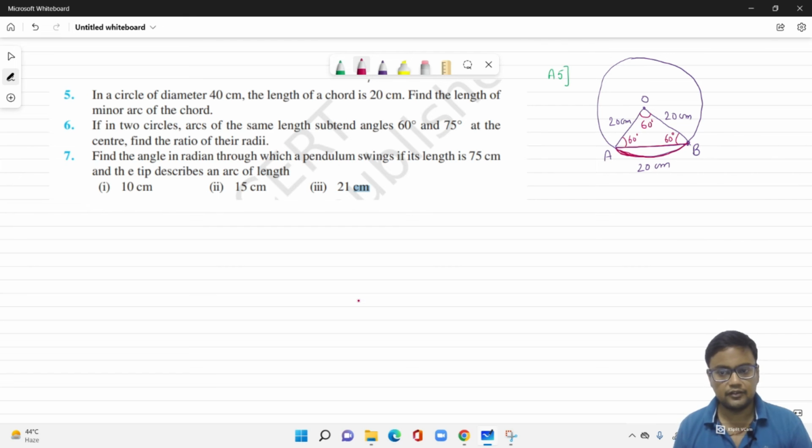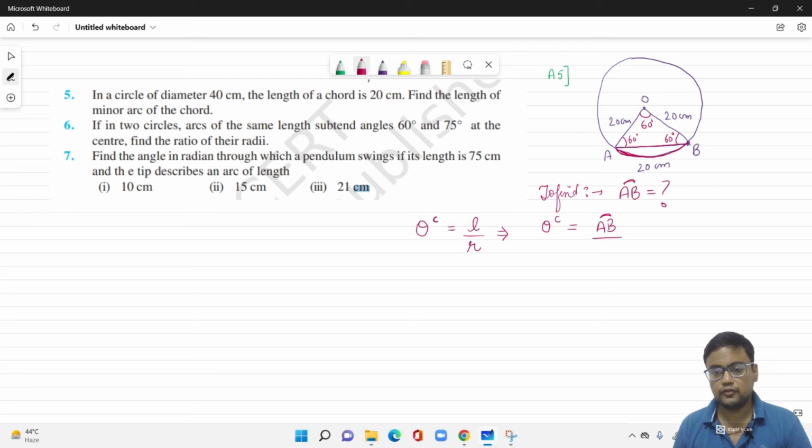So we have to find the length, but remember, the length of what? Yes, the length of the minor arc AB. To find the length of minor arc AB, we know that theta in radians is equal to the length of the arc over the radius of the circle. We read this in the first lecture. Therefore theta in radians is equal to the length of this arc AB, but this is what we do not know.